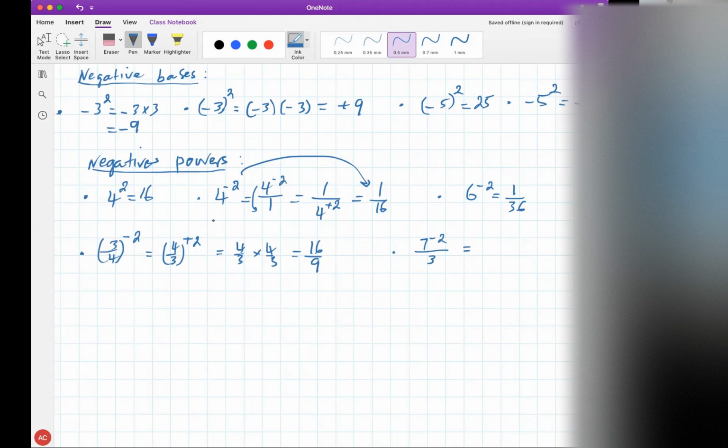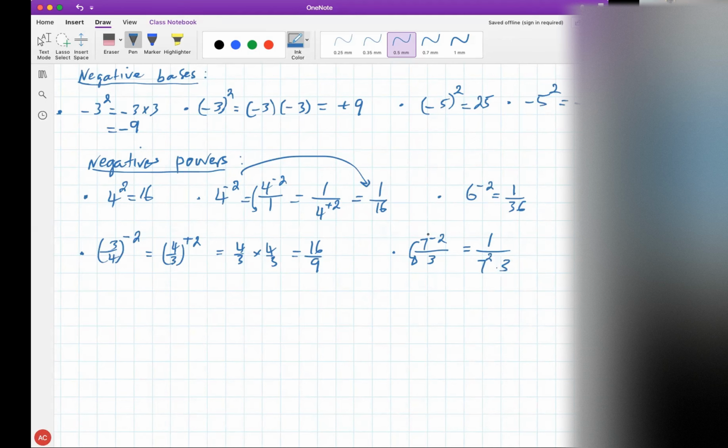So we're not going to flip the entire fraction. Unlike here, where we flip the whole thing because -2 belongs to the entire fraction, here the -2 only belongs to the 7. So we're only going to move the 7 down, not the 3, to make it positive. So this will be 7 to the second, and the 3 stays here. Nothing is left on top but the invisible 1.